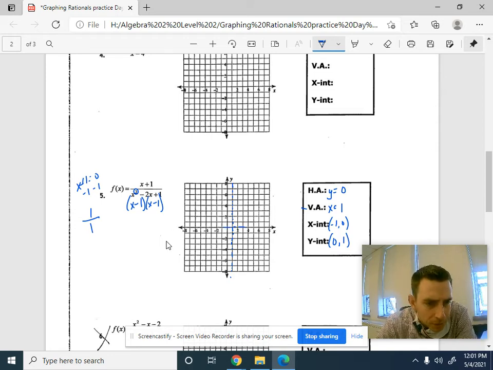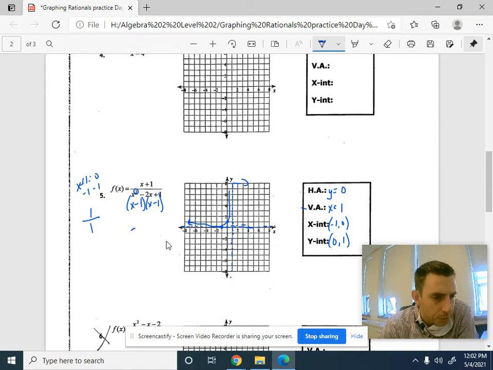All right, so let me plot some other stuff that I know here. Y-intercept right here, x-intercept right there. So we're going to have a curve that goes through this, just like that. If I plugged in another value for x, let's see what we would get. Let's pick a point to the right of the vertical asymptote.